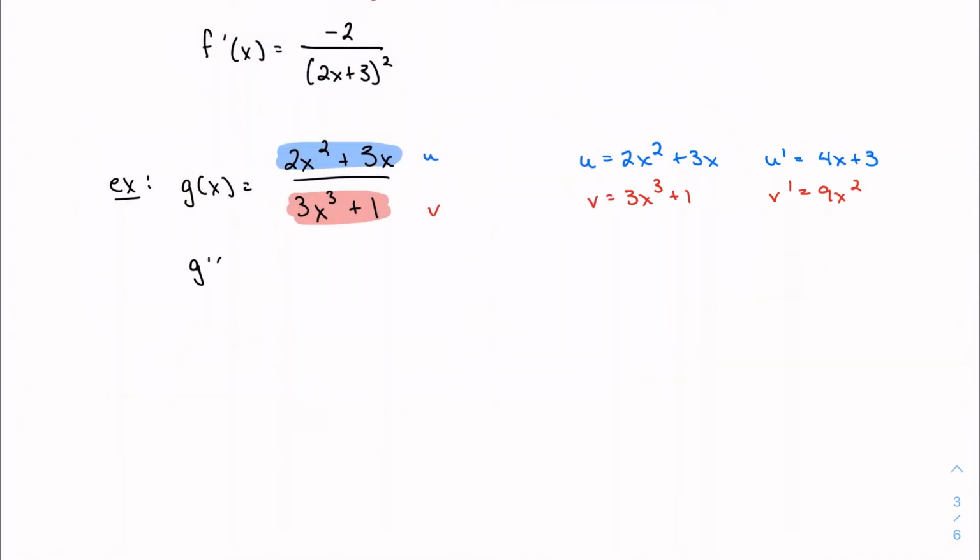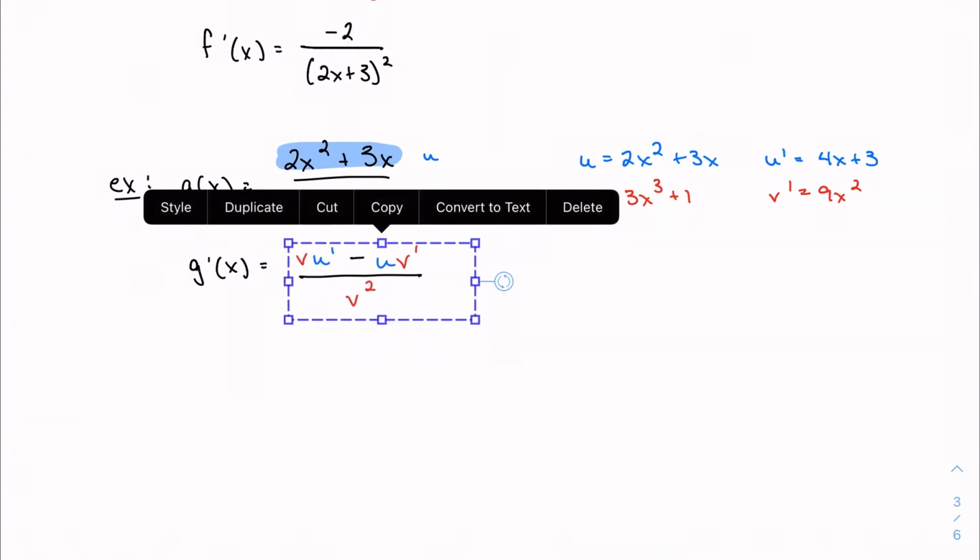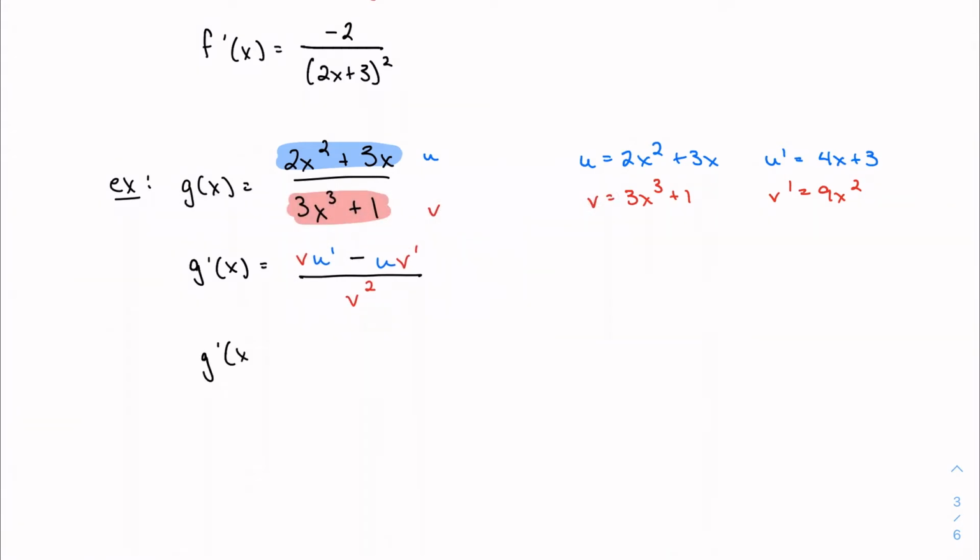Let's apply our quotient rule. Again, it's always helpful to start by copying it down. Copy it down in general and then apply it. This way there's no question as to what goes where.